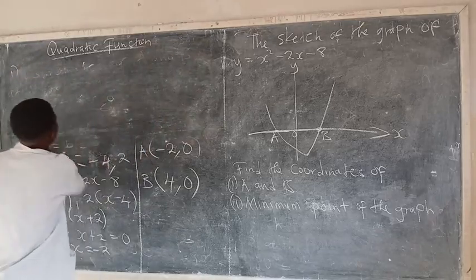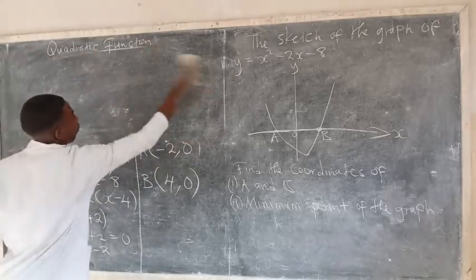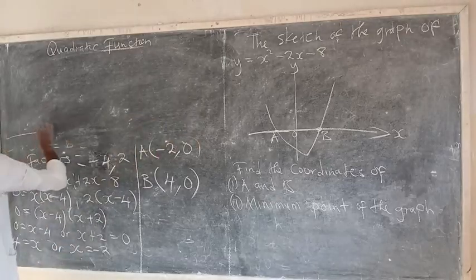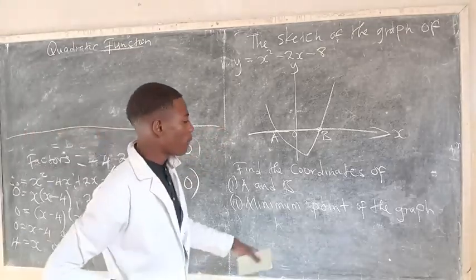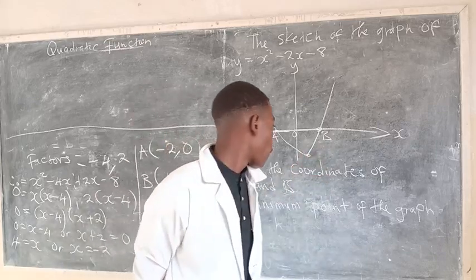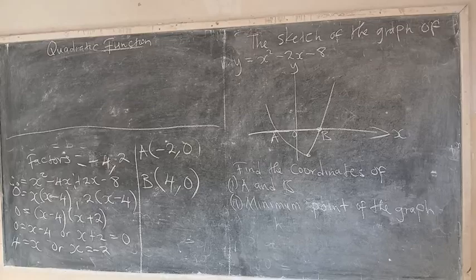So now, provided that we have found these coordinates, the next part, they want the minimum point. The minimum point of the graph, they are simply talking about the y value. They might use the minimum value, which is still the y value.